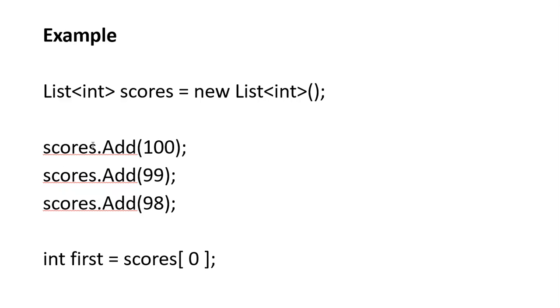So the 100 will go in first, the 99 will go after that, the 98 after that, and then if we execute this statement right here, scores sub 0 is going to be the first thing in the list, which is going to be the 100. It's going to reference the first thing that was added to the list, because the add function appends things to the list.